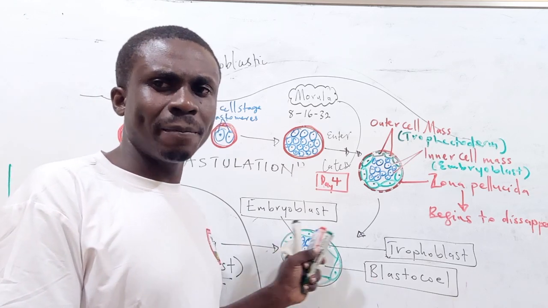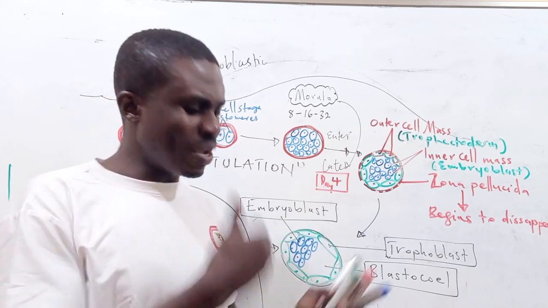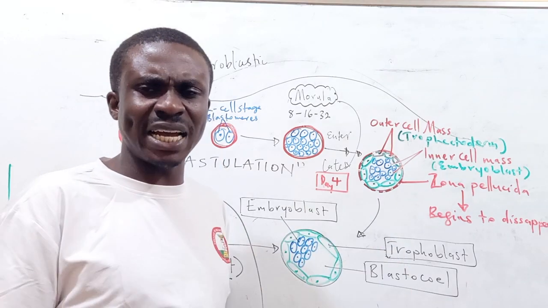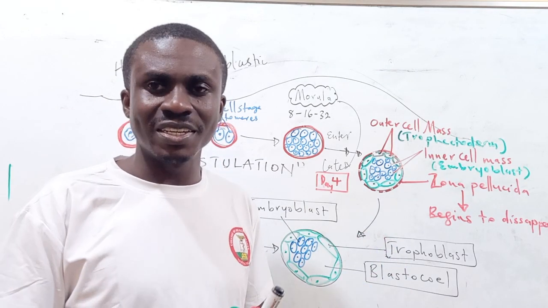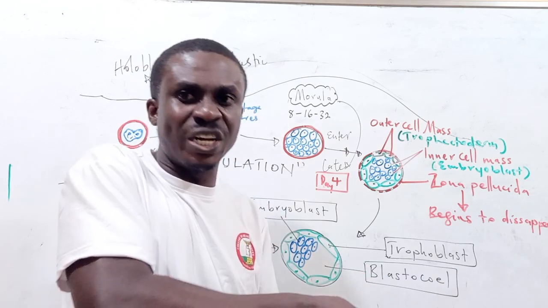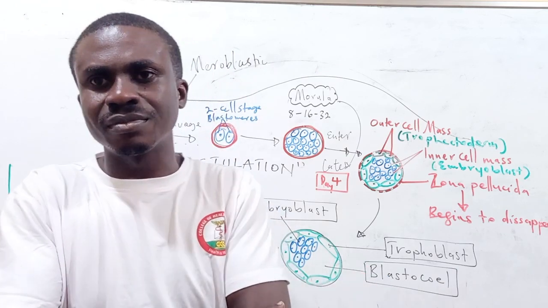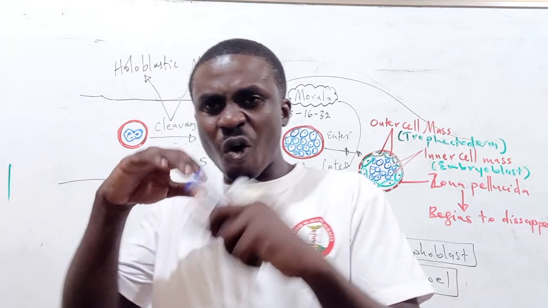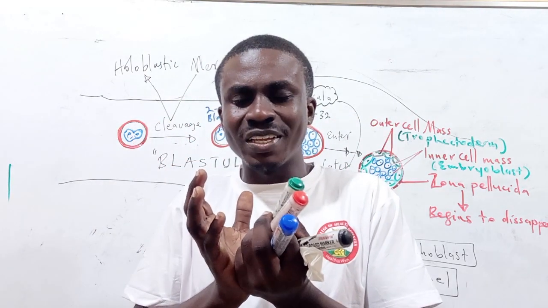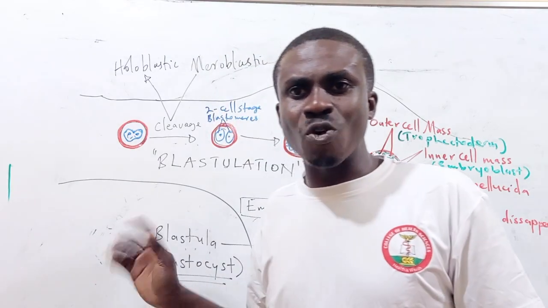Unlike in other animals, where implantation may be just by contact or just adherence, in human beings there's that kind of deep penetration into the wall, so that it will be covered with the endometrium. And at this point, the endometrium will be called decidua.